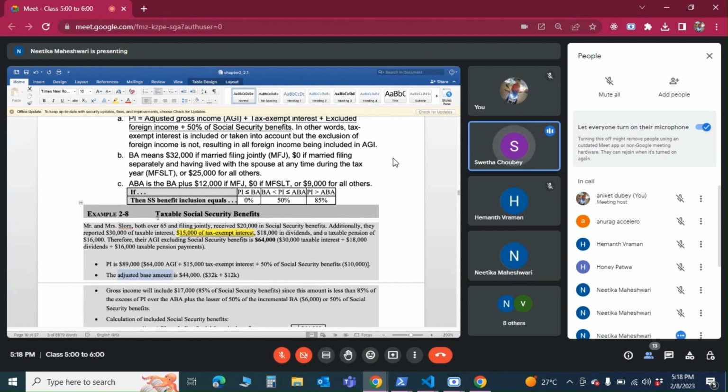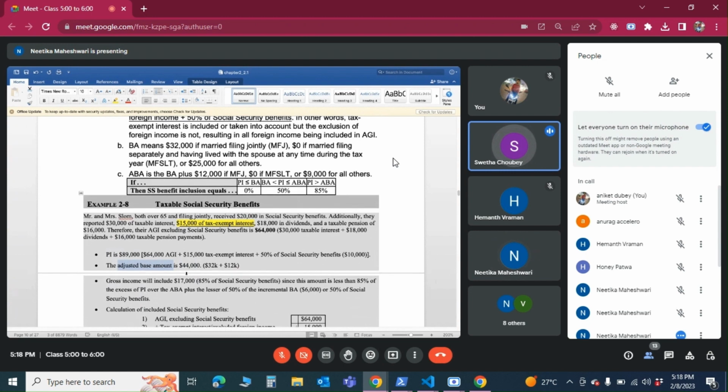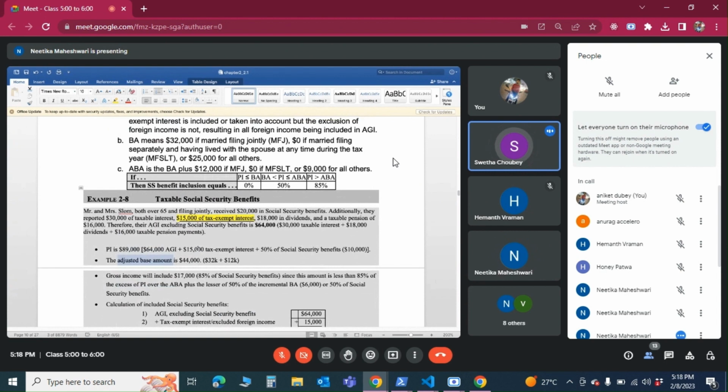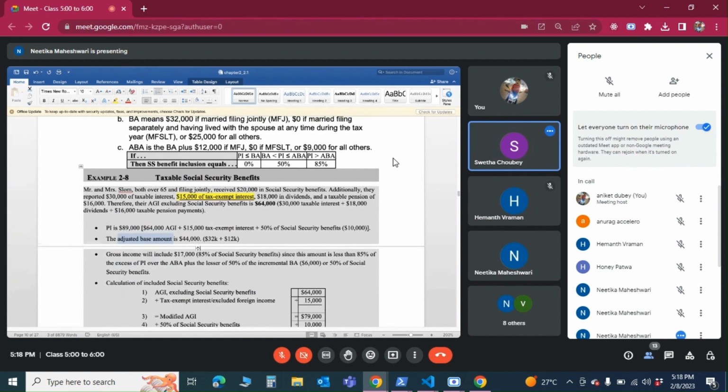Base amount is 32 if it is married filing jointly. Correct. Did you say 32? I thought you said 44. No, I said 32. Oh, sorry, my bad. So base amount is 32 only. What is ABA then? ABA is BA plus 12,000. Correct. So here we are getting 32,000 BA plus 12 is 44.